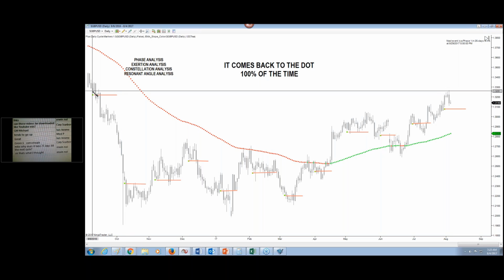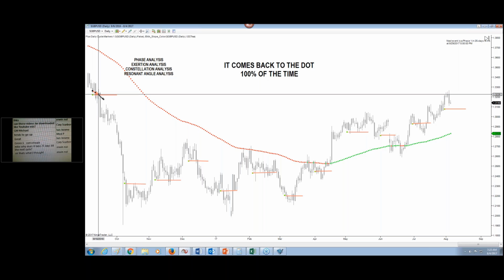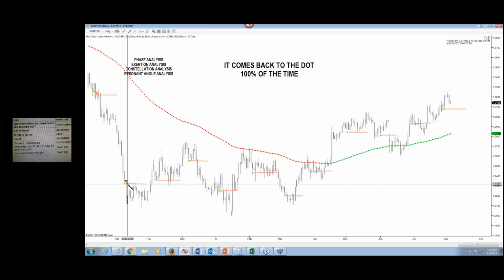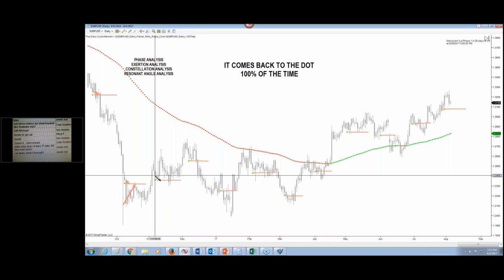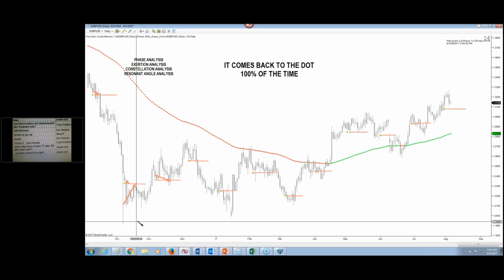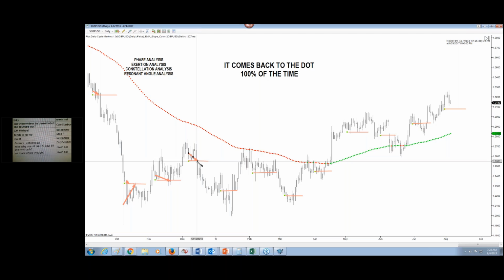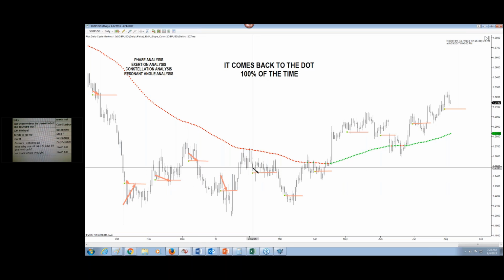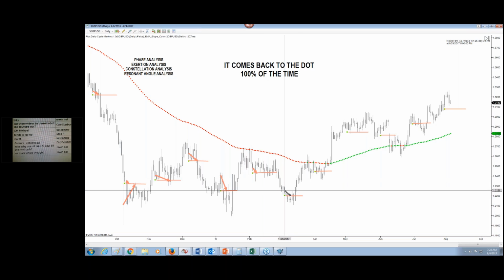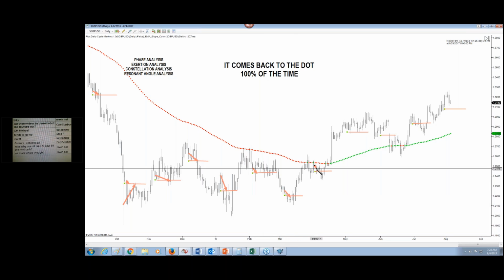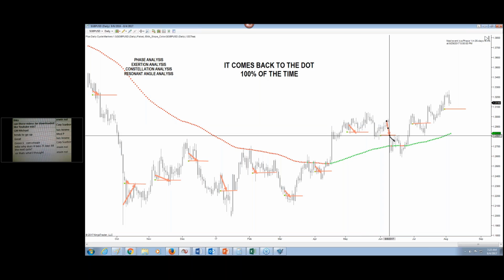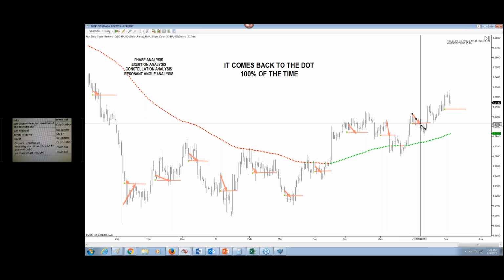This phase one comes down to the dot price and back up to the dot price. This one comes down to the dot price. This one comes down to the dot price. This one comes down to the dot price, and this one came down to the dot price.